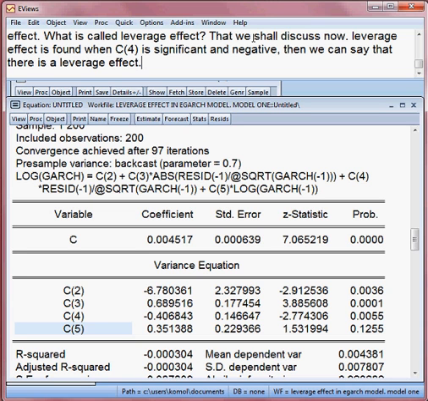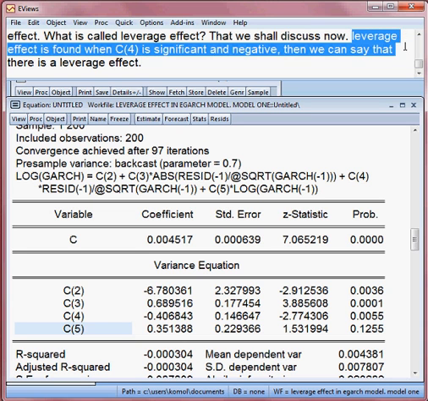So the leverage effect is found when C4 is significant and negative.